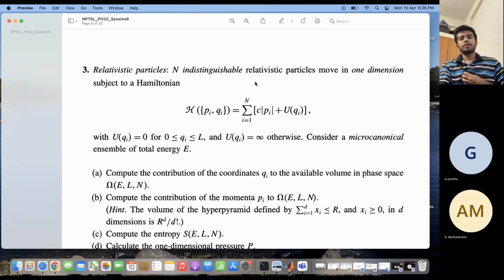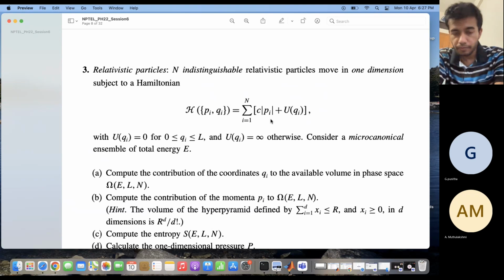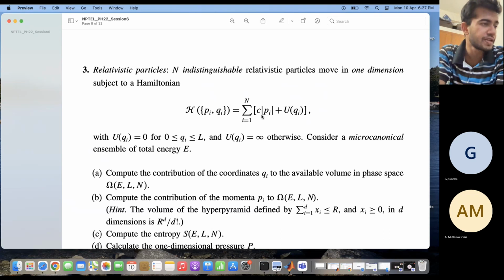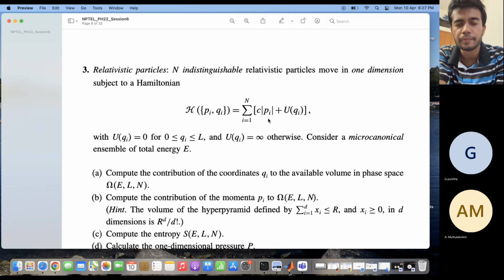So let us say that there are capital N indistinguishable relativistic particles which move in one dimension, and it is subject to a Hamiltonian. All particles are moving in a given direction and it is subject to the Hamiltonian given by this. You know that the energy of a relativistic particle, using Einstein's formula, is mc square, or in other words, it is equal to p into c, where c is the speed of light and p is the momentum of the particle.